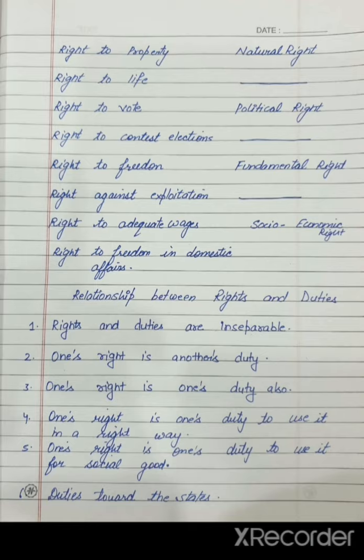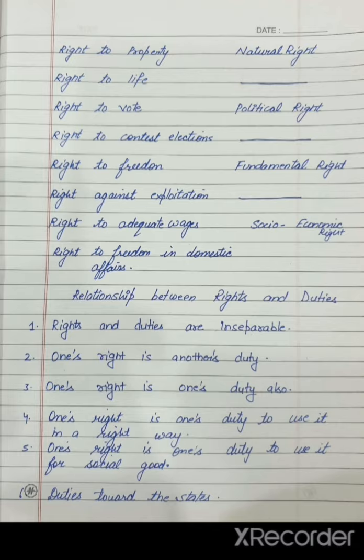It means a right that belongs to one person imposes a corresponding duty on the others to respect his rights. मतलब अगर मैं एग्जांपल लूँ लाइक राइट टू प्रॉपर्टी का, एन इंडिविजुअल का राइट है, नेचुरल राइट है हमारे पास राइट टू प्रॉपर्टी.